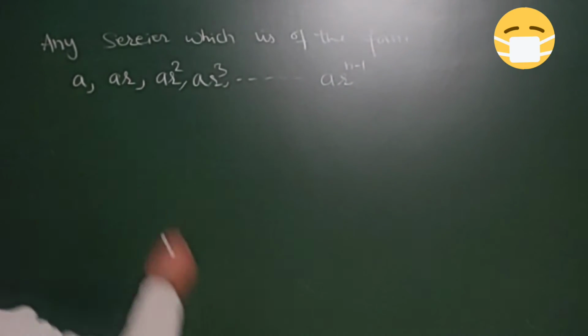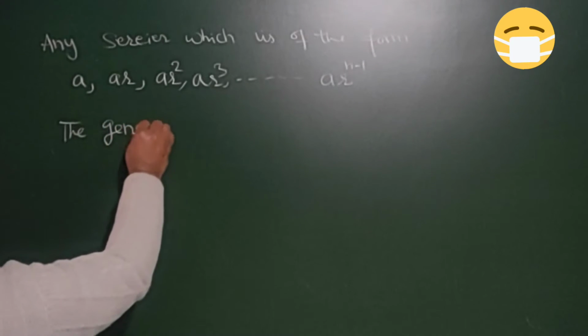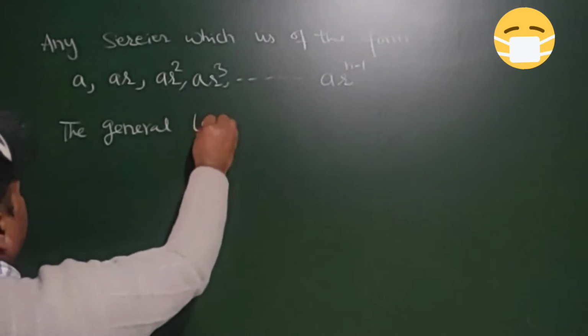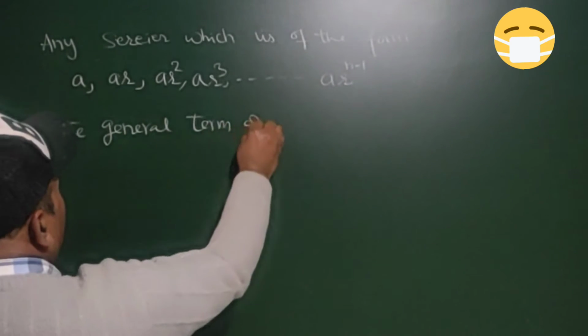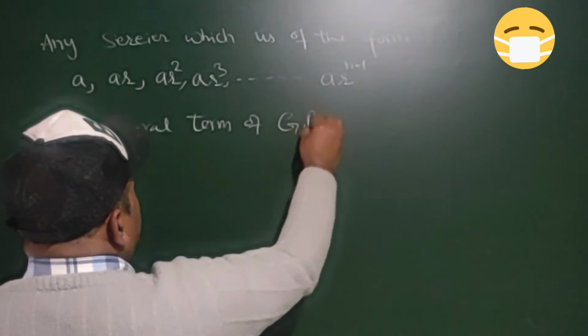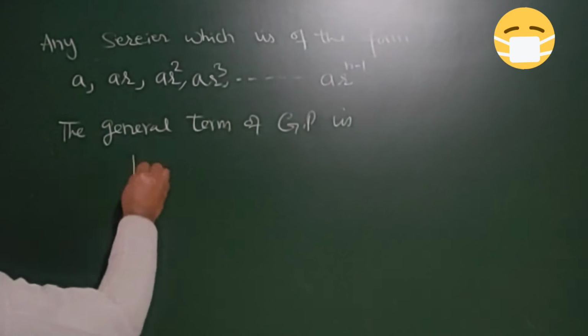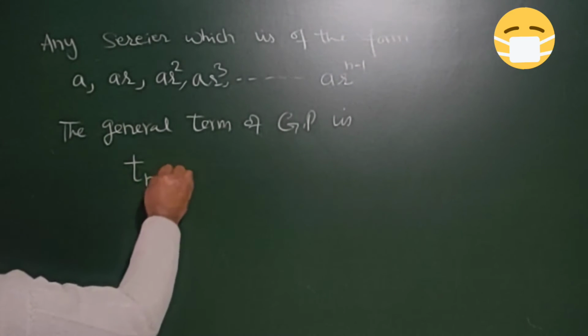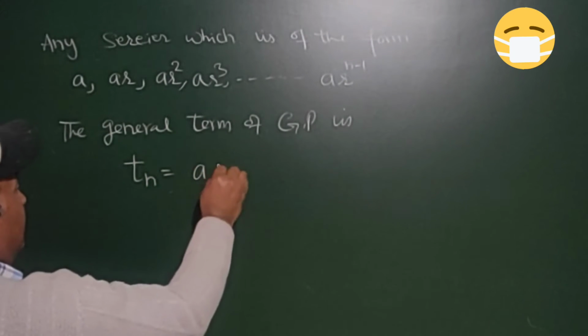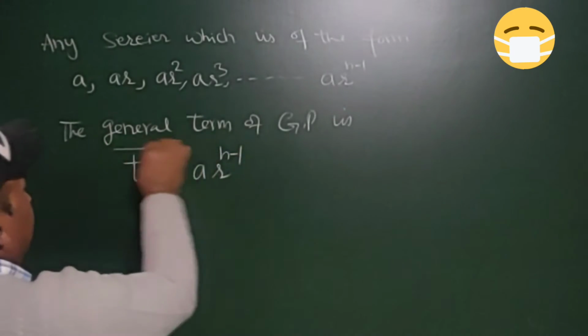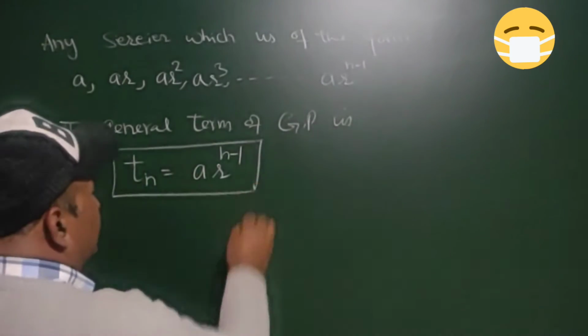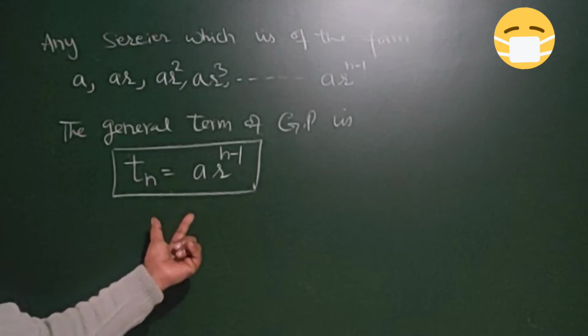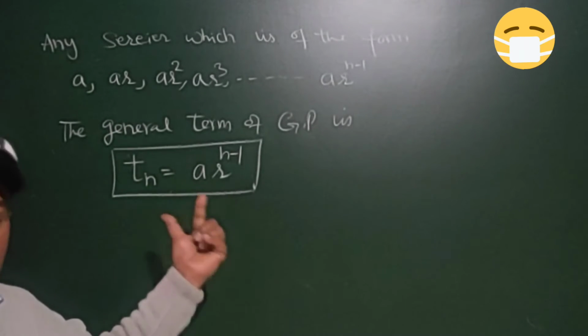Hence, the general term of GP is Tn is equal to a into r to the power n minus 1. This is the formula for the general term, nth term.